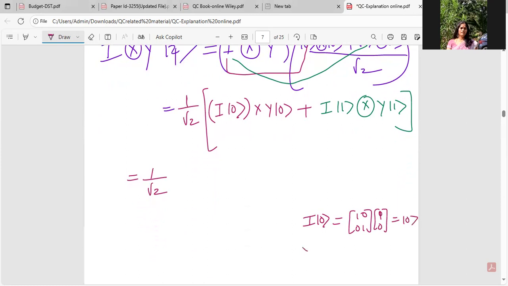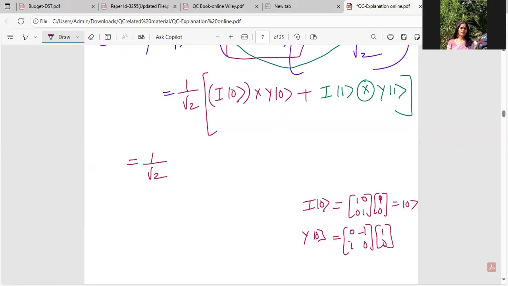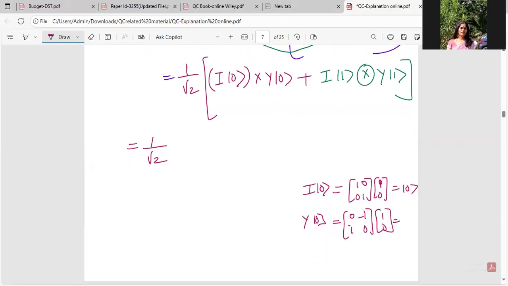Coming to Y ket 0: 0 minus i, i 0, times 1 0. Let's see what this gives me. First one is 0, second one is i plus 0, so it is nothing but i into ket 1.